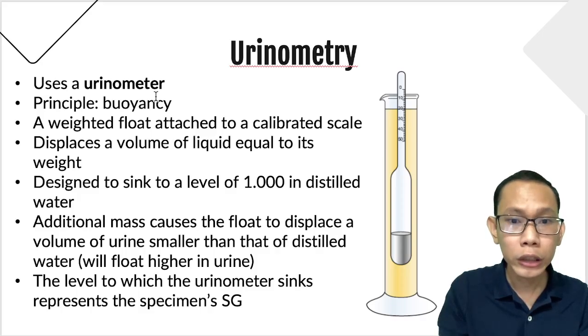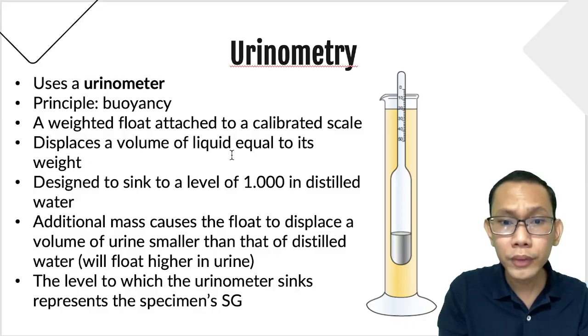We will learn more later. It is a weighted float attached to a calibrated scale. So our urinometer has a weighted float attached to a calibrated scale. It displaces a volume of liquid equal to its weight.